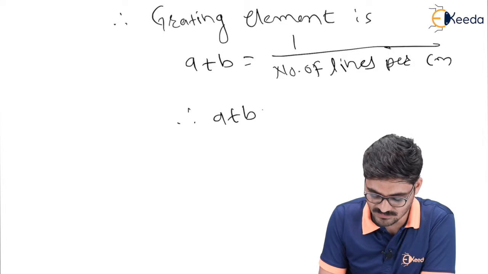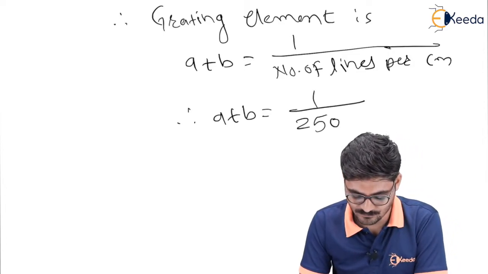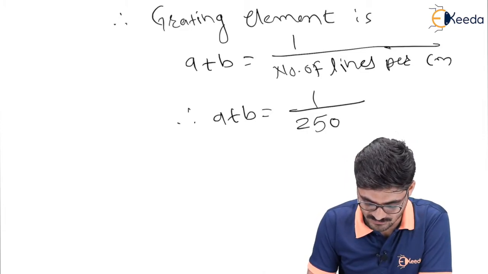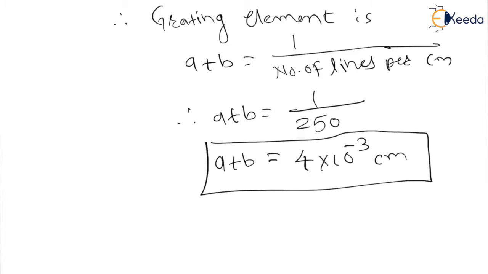Therefore a plus b is 1 upon 250. So how much do you get? So a plus b would be 4 into 10 raised to minus 3 centimeter. You can also convert it into mm or into microns. So this is about numerical number 1.14. Now moving towards next question.